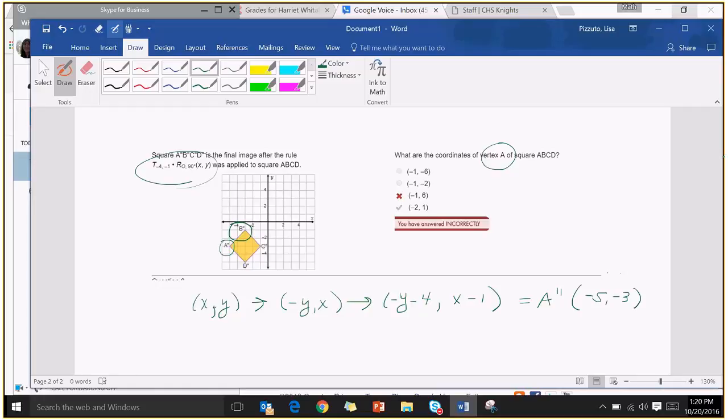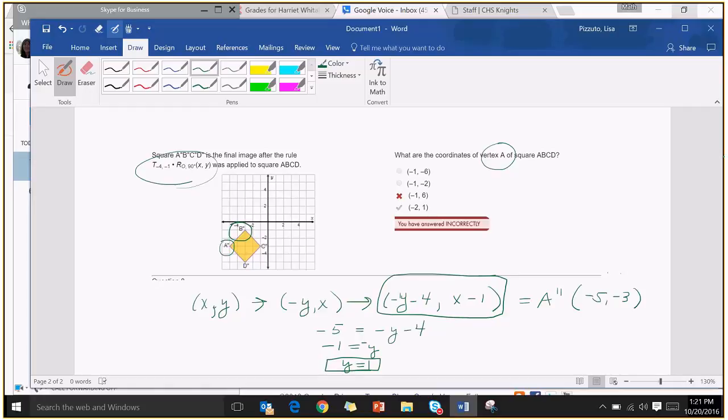So if we take negative 5 and set it equal to negative y minus 4, you understand how I came up with this, correct? Yes, that's the transformations that were given. So I add 4, I get negative 1 equals negative y, so y is equal to 1.